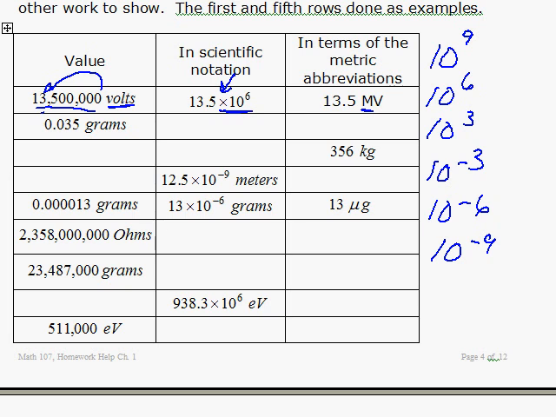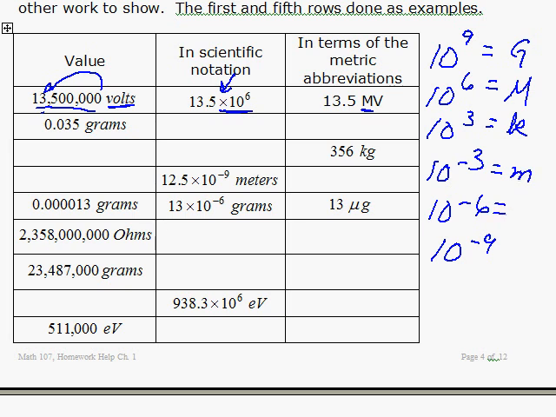That's a metric abbreviation. Okay, 10 to the 6th that we show here can be replaced by a capital M because that means mega. 10 to the 3rd can be replaced by K because that means kilo, because it's 1,000. 10 to the 9th is billion, okay, G. 10 to the minus 3 is replaced by a little m, meaning milli.